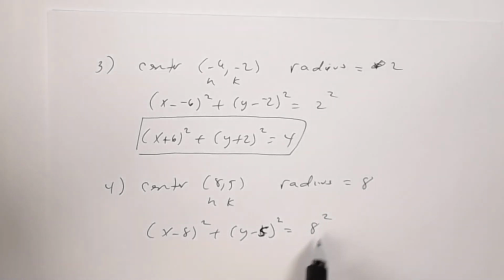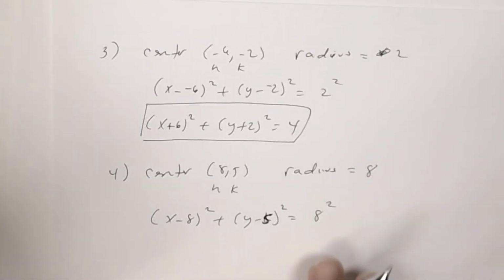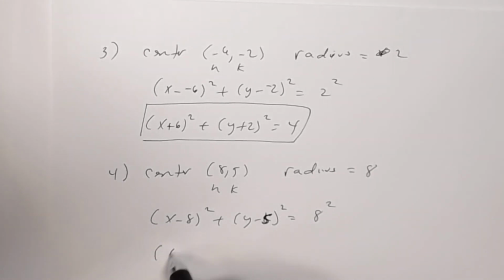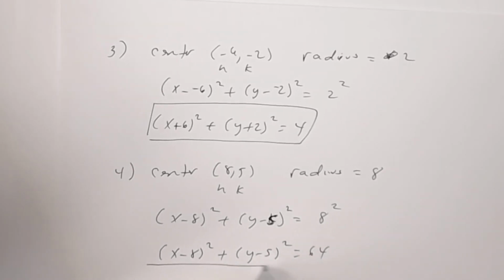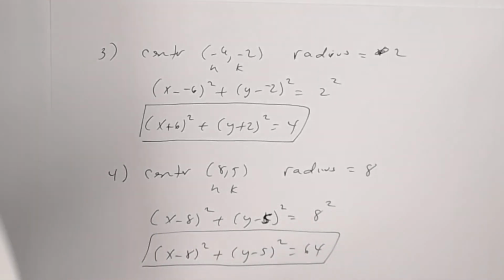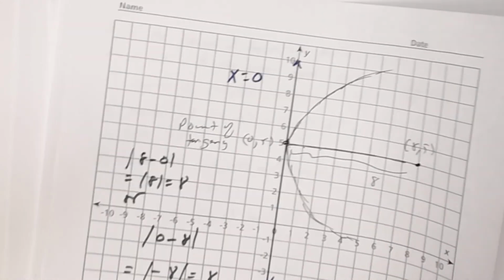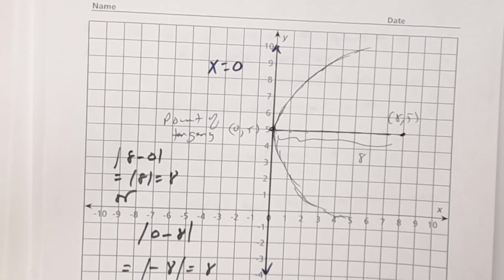Okay, don't leave it like this. Some students leave it like this and they get pretty upset when they don't get full credit. We do expect you to know that 8 squared is 64, so go ahead and write 64. So (x - 8) squared plus (y - 5) squared equals 64. And that's it. So now you know what tangent lines are and how to use them with circles.